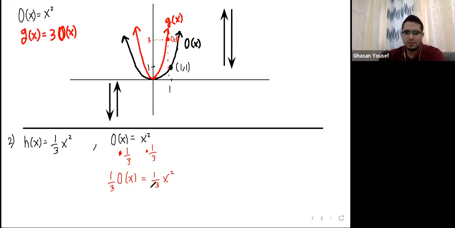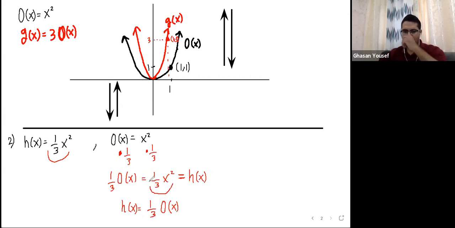Now look at this function and this. They are the same. This means I can write h of x equal 1 over 3 O of x. Make sense?